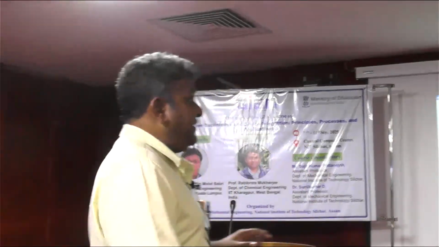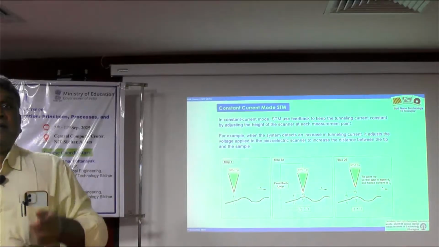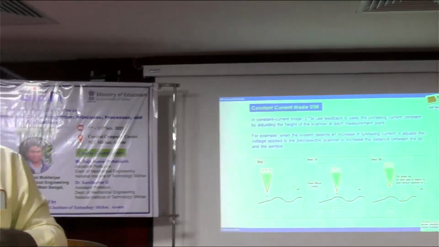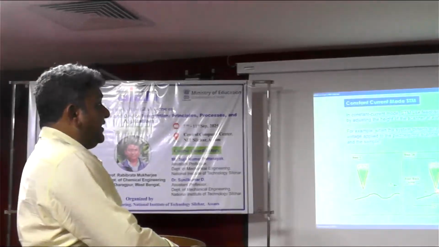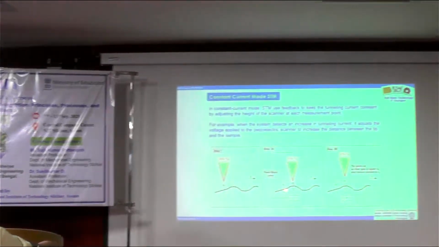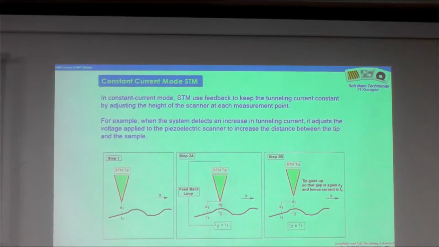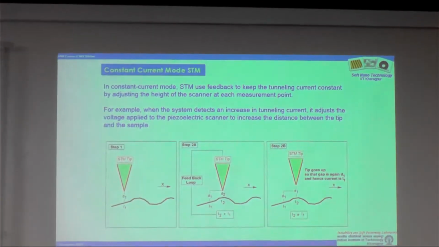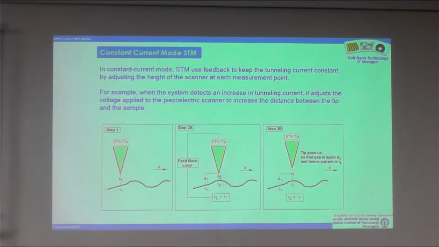So simply feed that error to a feedback loop and accordingly make the tip move up and down, right? For the context of this particular picture, you can make the tip move upward, so that you get back the same value of tunneling current. Is it clear to all?